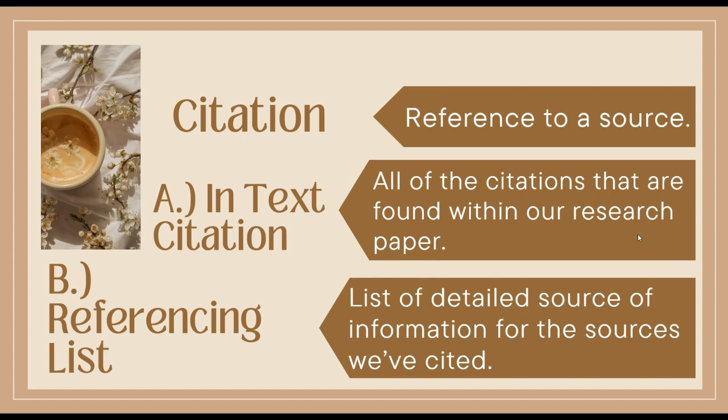While referencing list is the longer version of citing because it contains all of the information that a source may have, such as the author's full name, the publication year, the title of the source, the journal publication, the page number, the DOI, the URL, and many more.